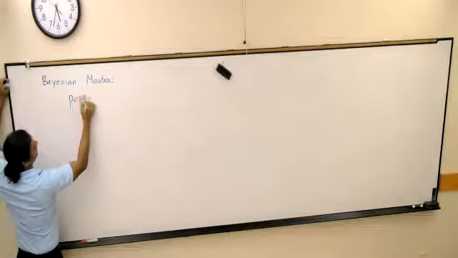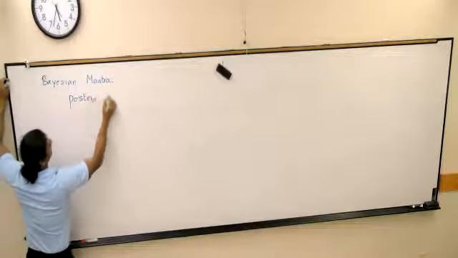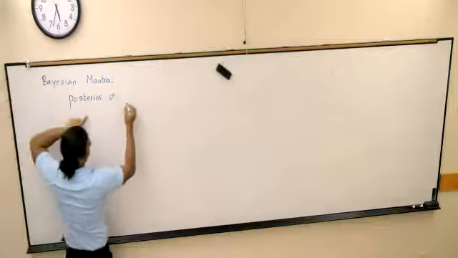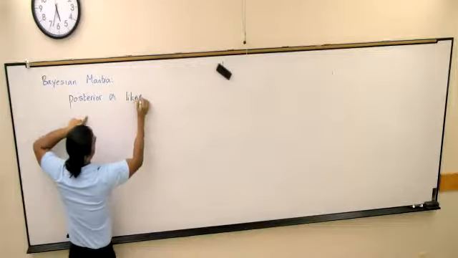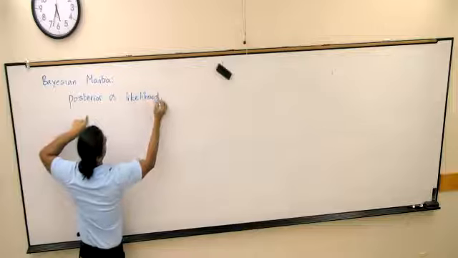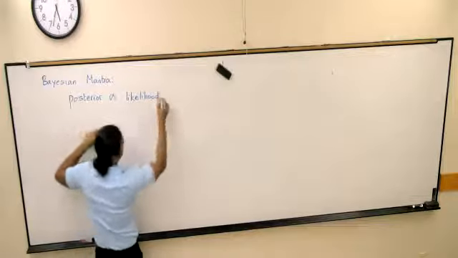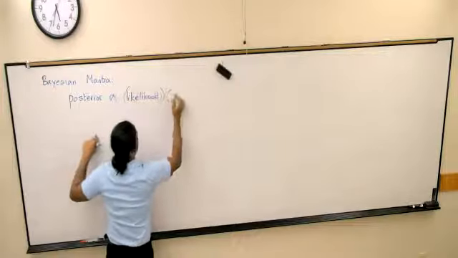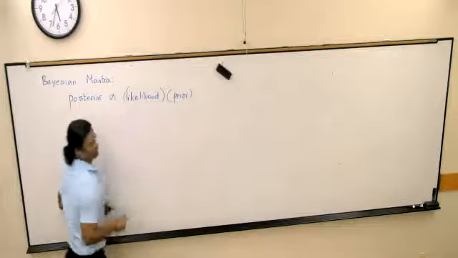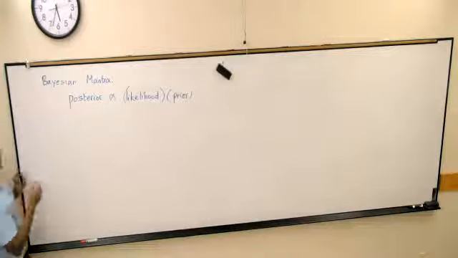Posterior is proportional to likelihood multiplied by prior. Yes. So what is the likelihood function?